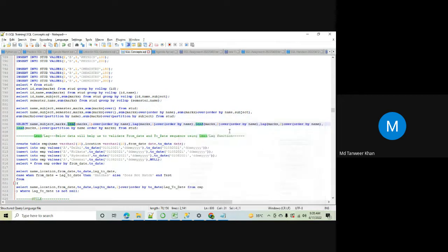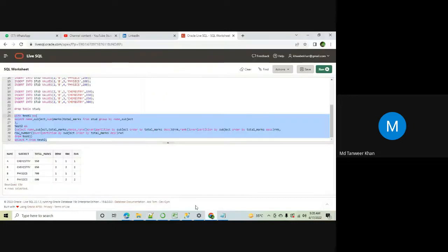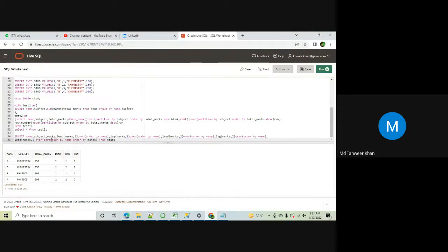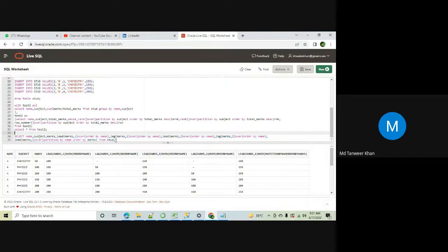This example is there. Lead lag is there. This is again a typical activity. Yeah, example is there. Forget about this.